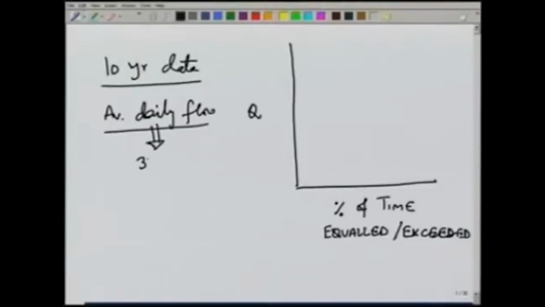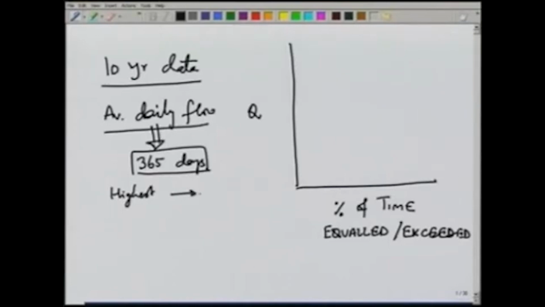So, if we have obtained this average daily flow for all 365 days in the year, we have these 365 values of the daily discharges. Now, we can arrange them in descending order. So, the first value would be highest.